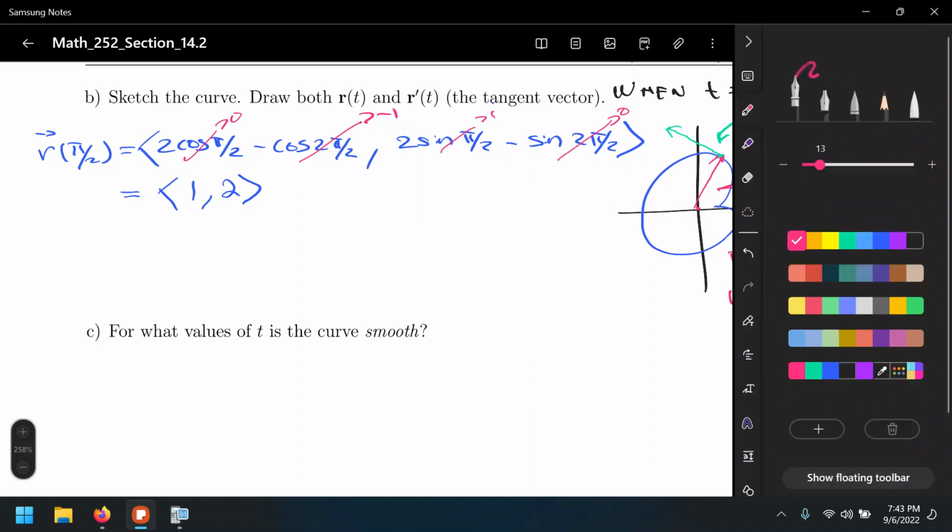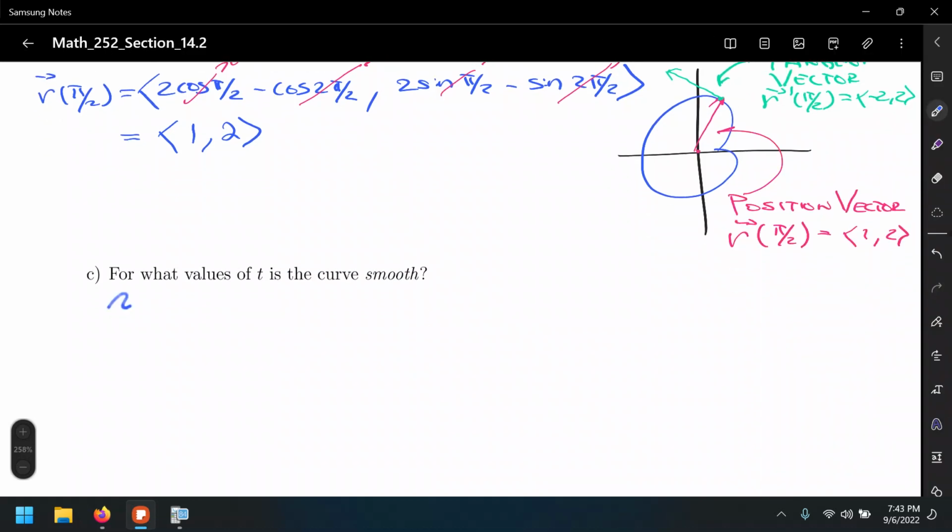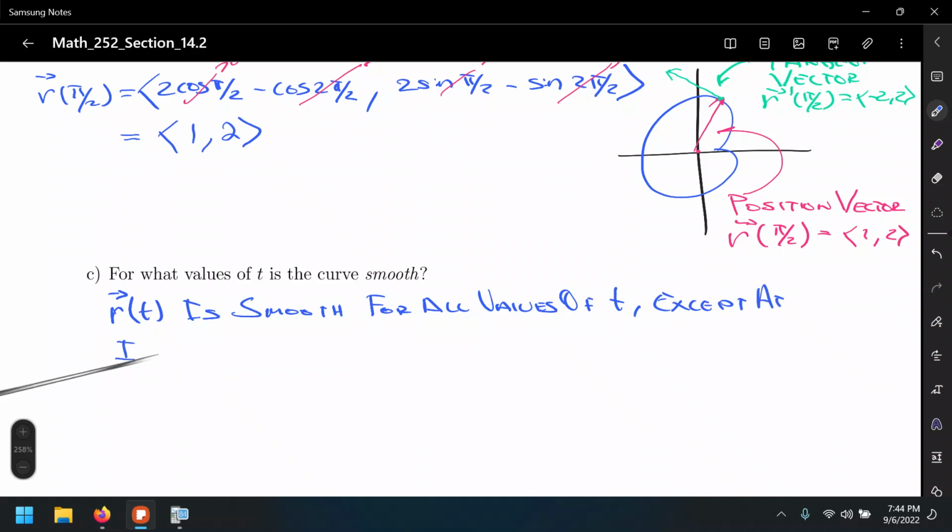We phrase this: r of t is smooth for all values of t except at the cusp, that is, when t equals 0, which is when we start drawing the graph from 0 to pi.